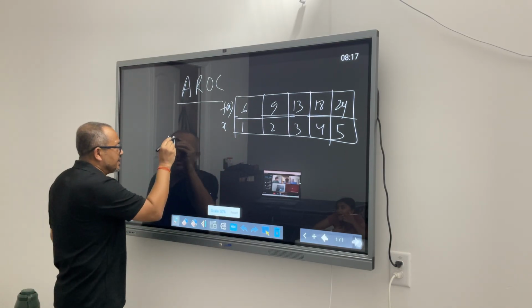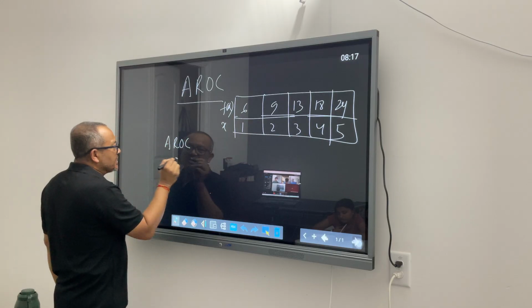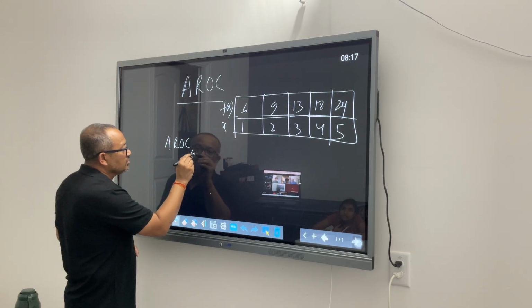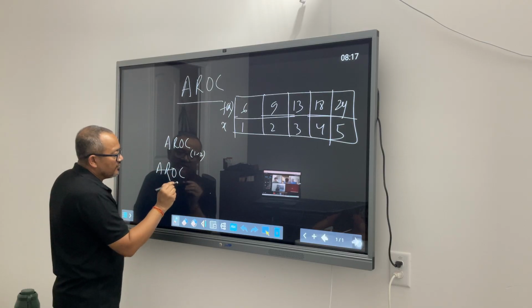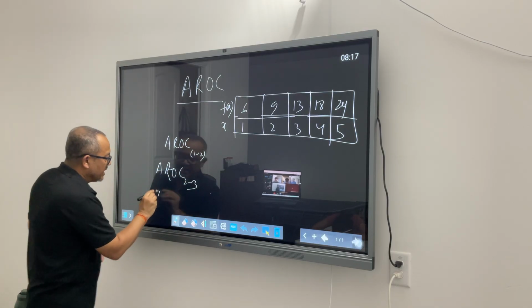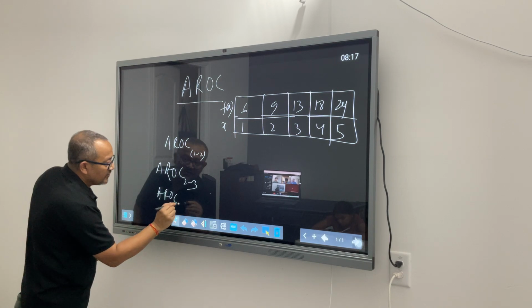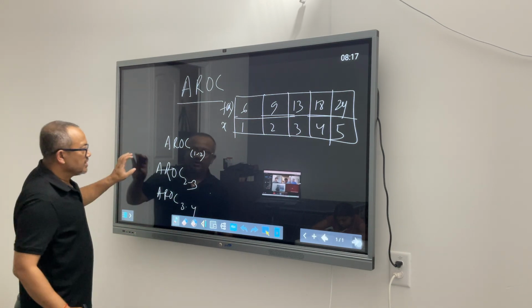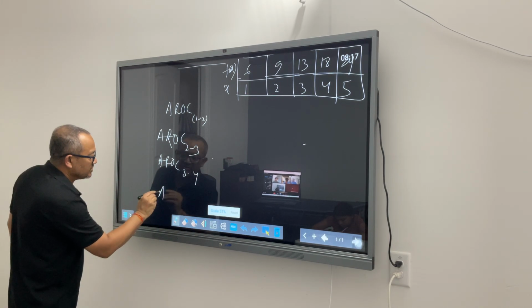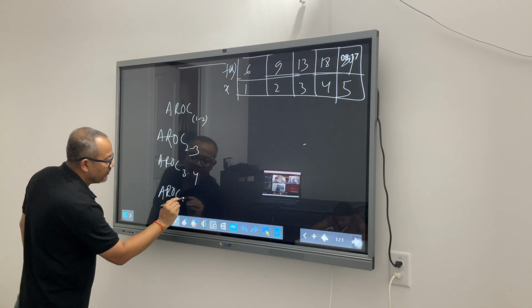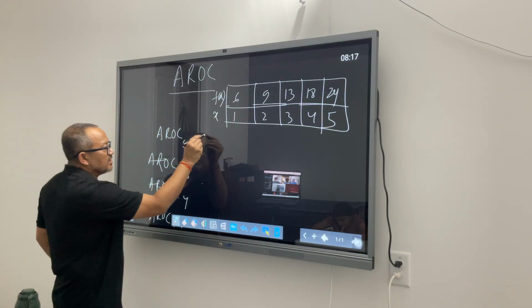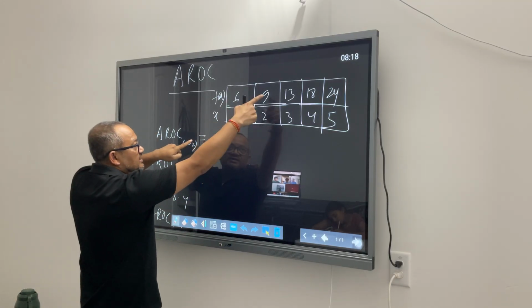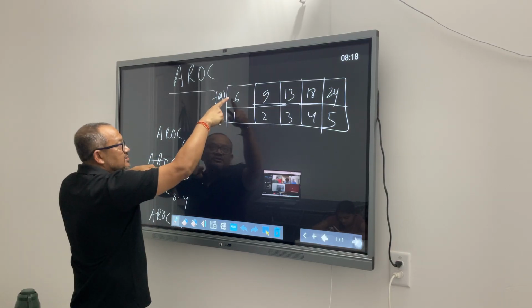What does average rate of change say? Let's look at average rate of change from 1 to 2, from 2 to 3, from 3 to 4, and from 4 to 5. Average rate of change is nothing but the value of the function at the target point minus the value of the function at the initial point.